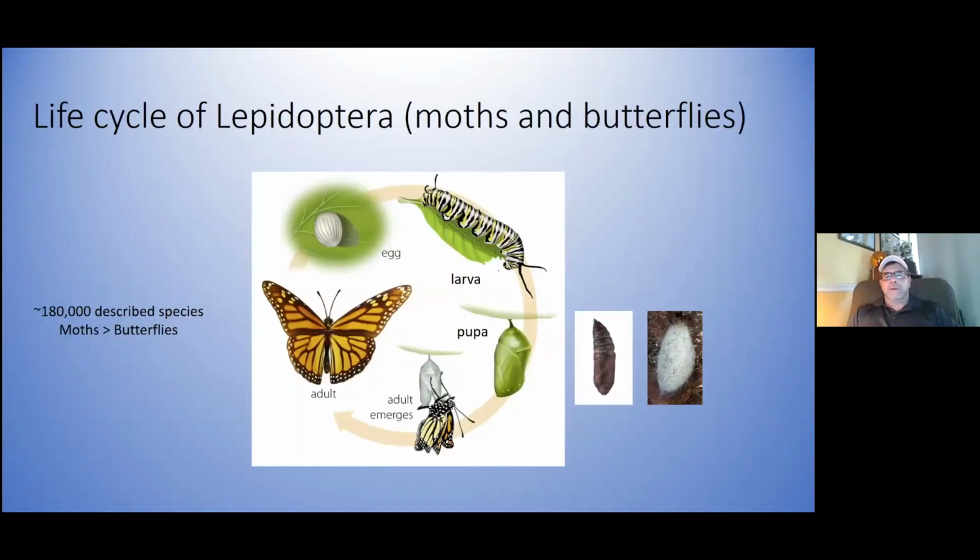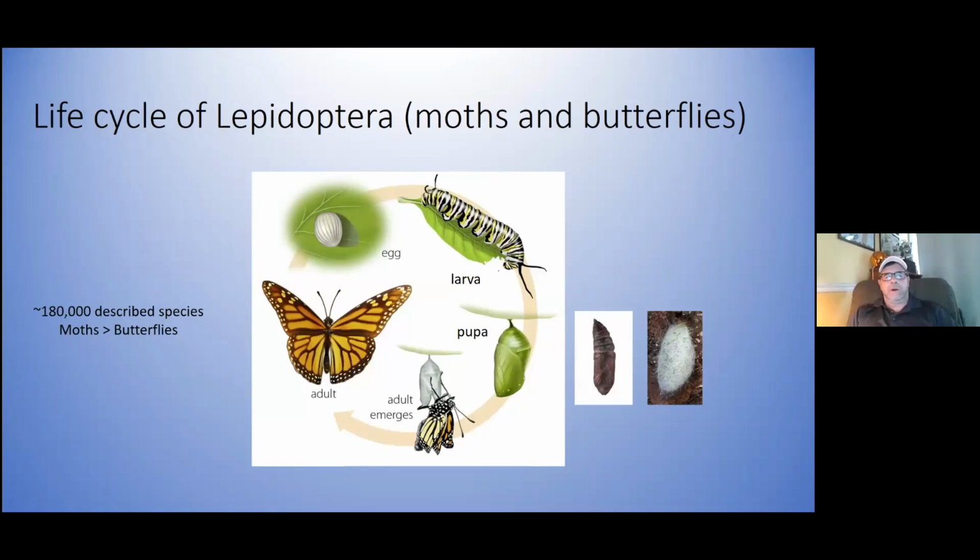I think the best place to start is where we start with the kids, which is the basic life cycle of what we refer to as holometabolous insects, so insects that have complete metamorphosis. Here we're talking about the order Lepidoptera, which includes moths and butterflies together.